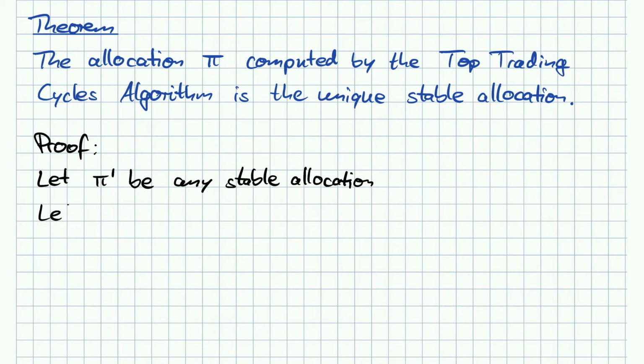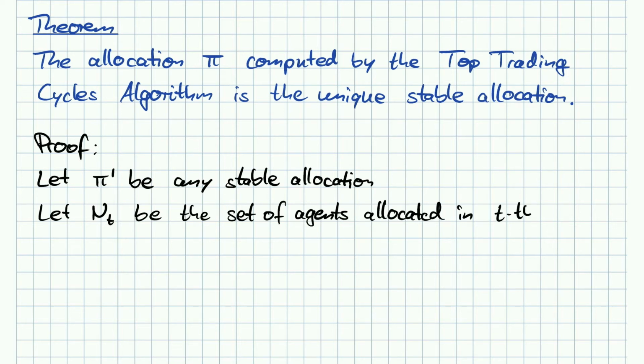Furthermore, we let nt be the set of agents allocated in the tth iteration.